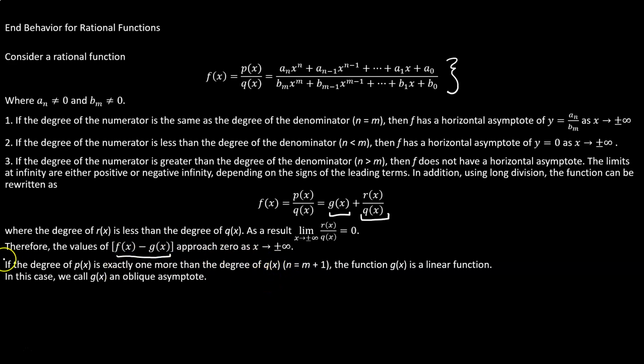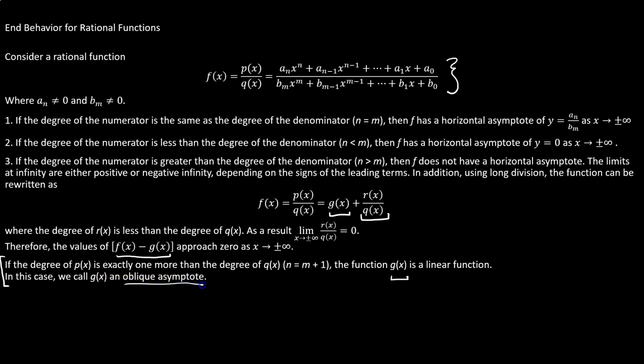In this special case, where the degree of the numerator is just 1 more than the degree of the denominator, the g of x you get from long division is linear, and a linear function is going to result in an oblique asymptote.